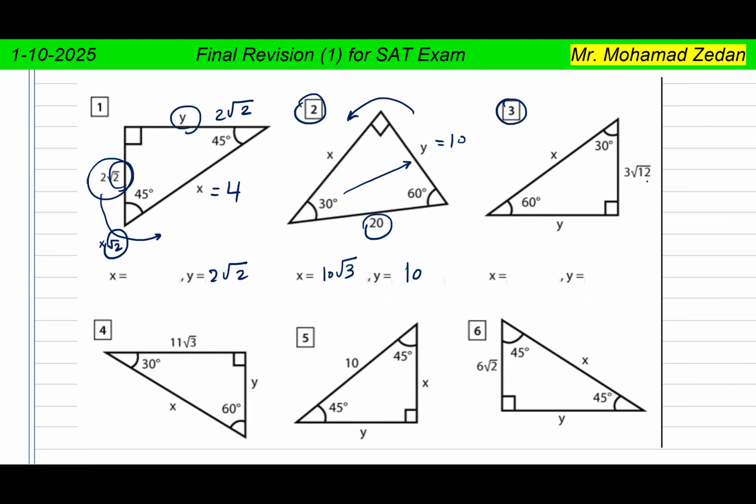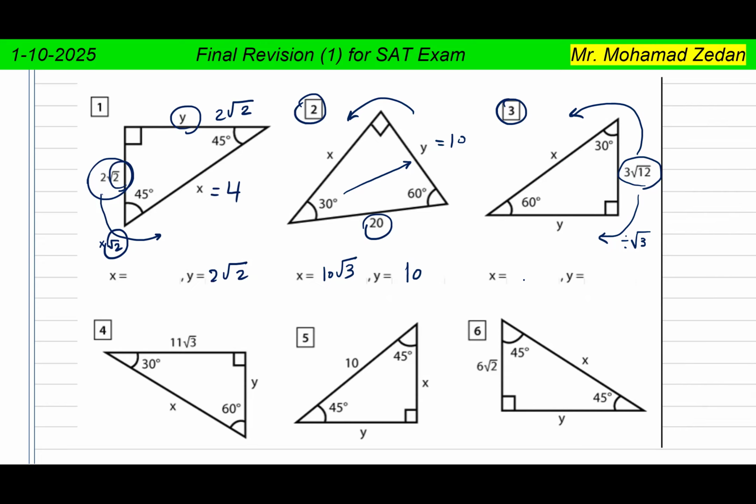The shortest side now is 3 radical 12. Who can tell me the longest side? Sorry, this is opposite to 60. What is the shortest side first? We were saying times radical 3. Now divide by radical 3 to get the length of the shortest side.